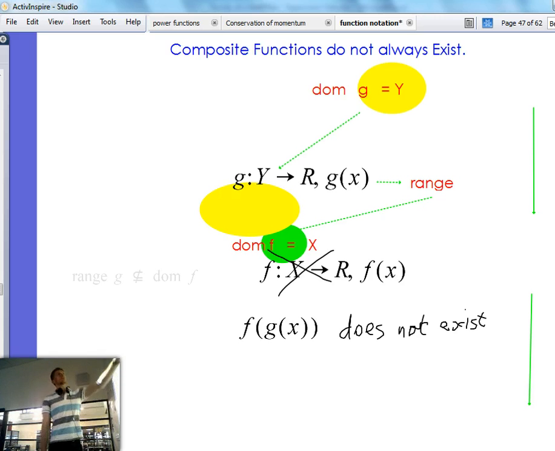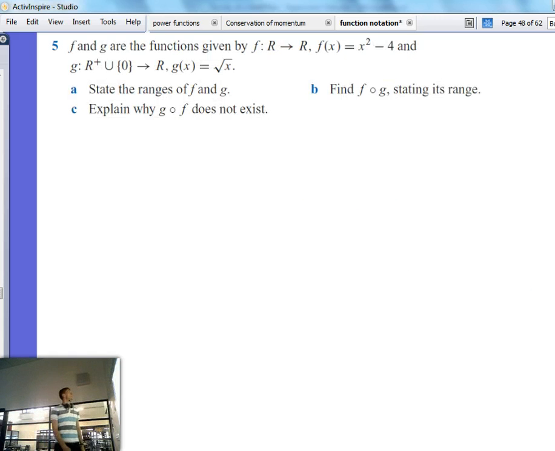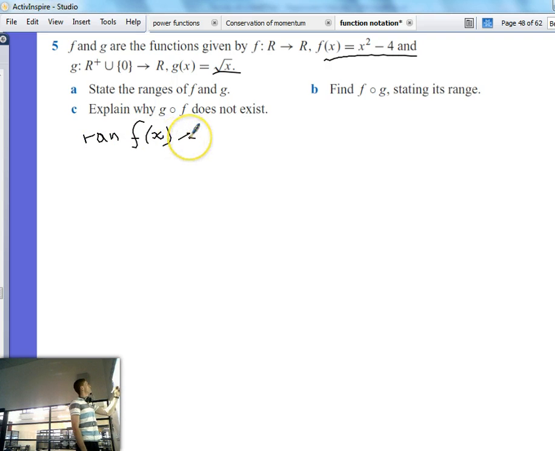Okay, so let's look at that as an example. So f and g are functions given by these two rules. We've got a parabola here, and we've got a square root function. So state the ranges of f and g. Let's have a look. The range of f of x, okay, is the set of allowed y values. We have to think about a minimum y value and a maximum y value.